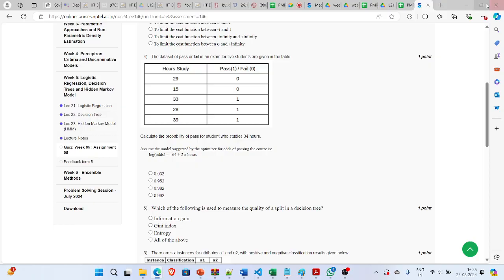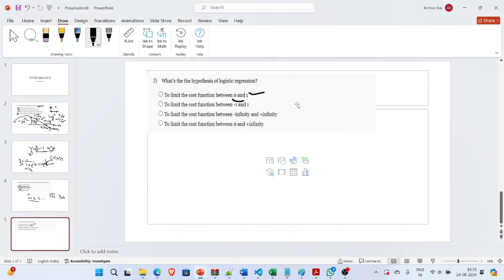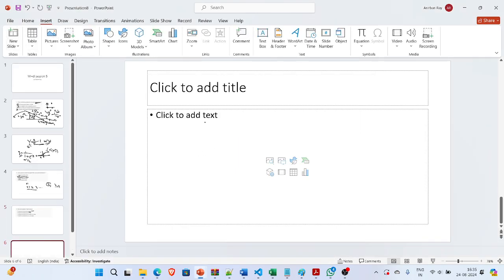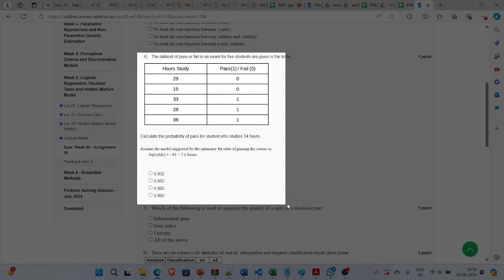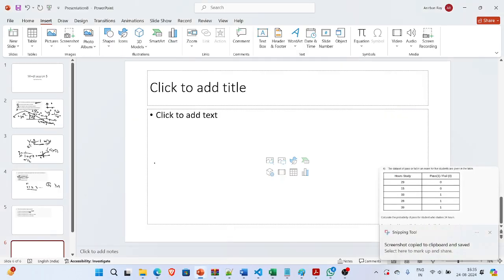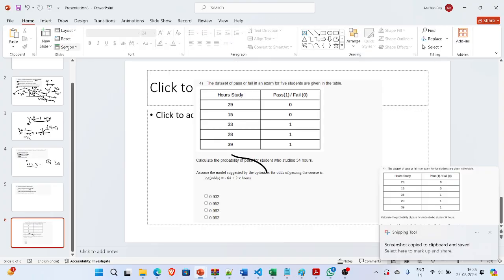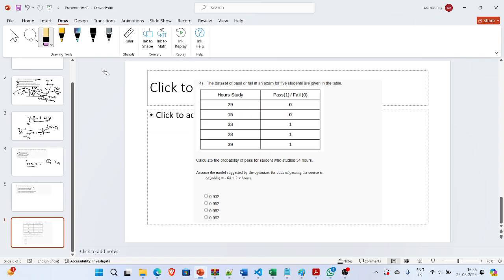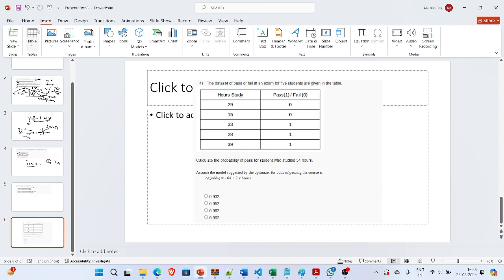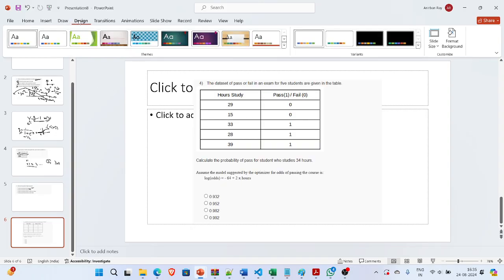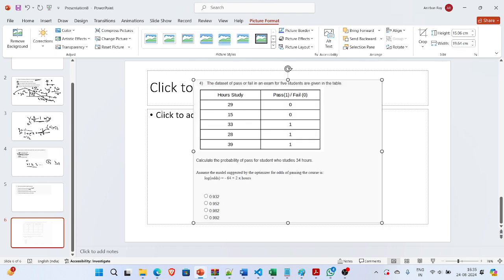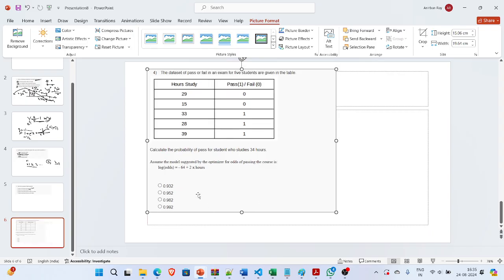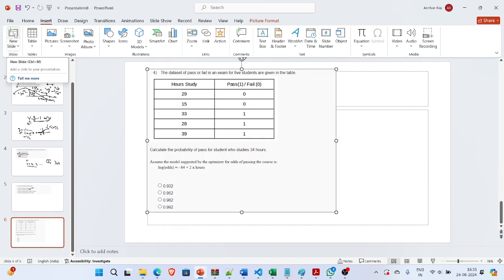Okay, let's try to understand this problem.